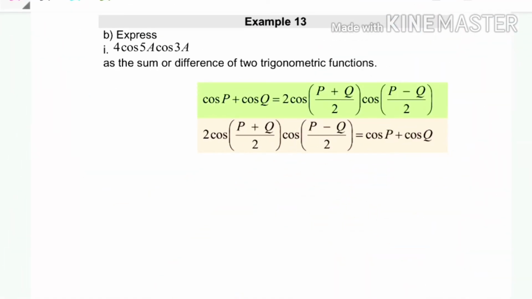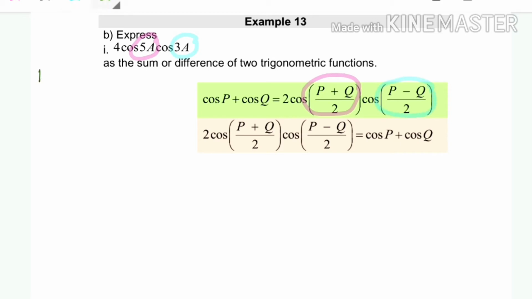Example 13b: express 4 cos 5a cos 3a as the sum or difference of 2 trigonometric functions. These 2 cosines are now in the product form, and we need to express them as a sum. We can say that 5a equals (P plus Q)/2 and 3a equals (P minus Q)/2. Let's solve this.